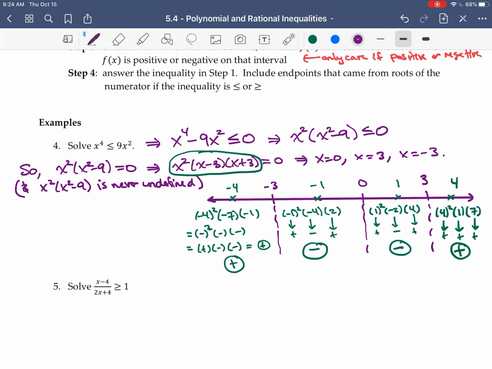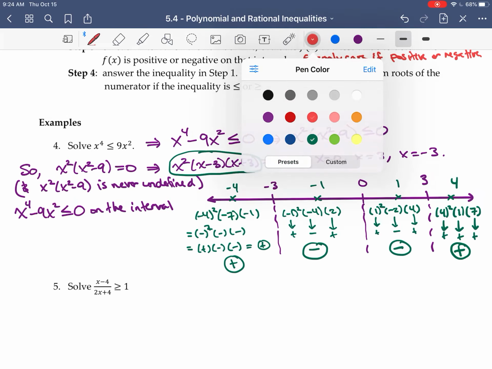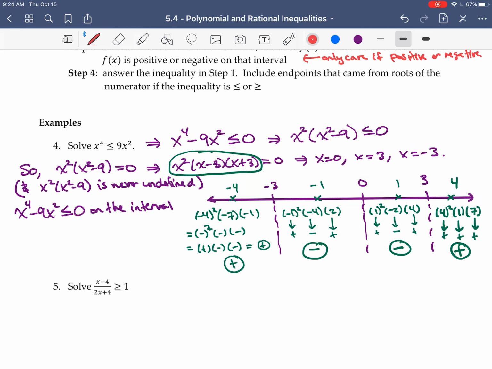Okay, so x to the 4 minus 9x squared is less than or equal to 0 on the interval. So remember that these places are all equal to 0. Okay, so this one is 0, this is 0, and this is where it equals 0.